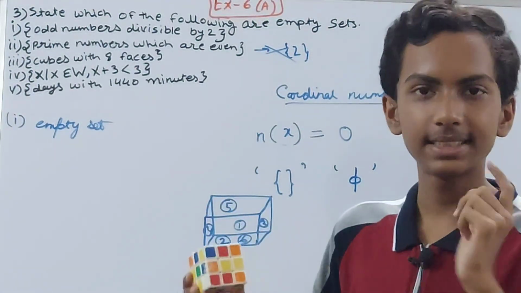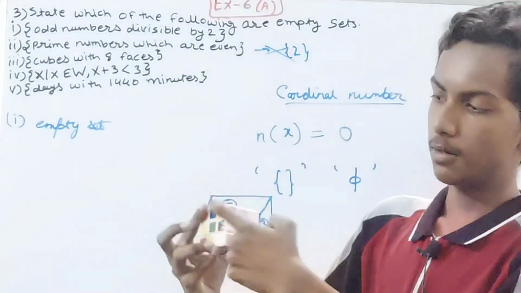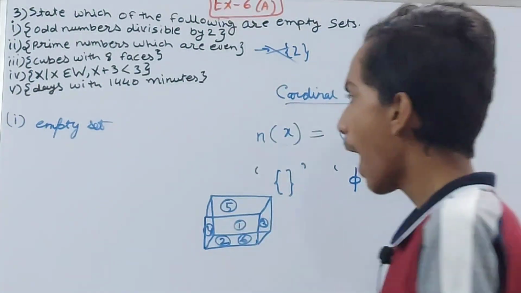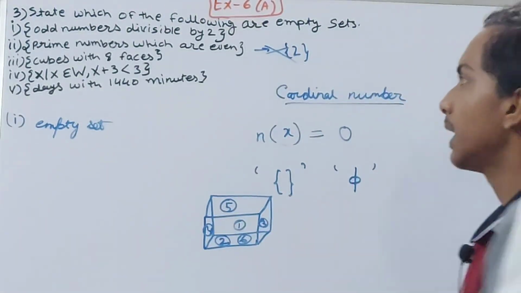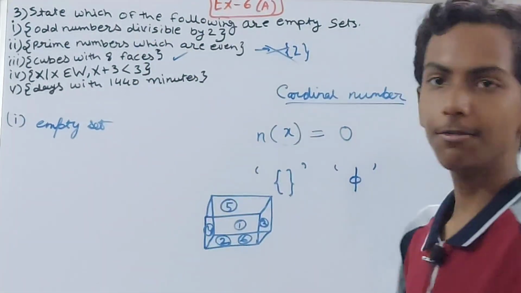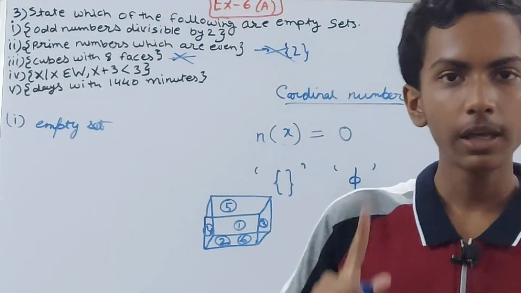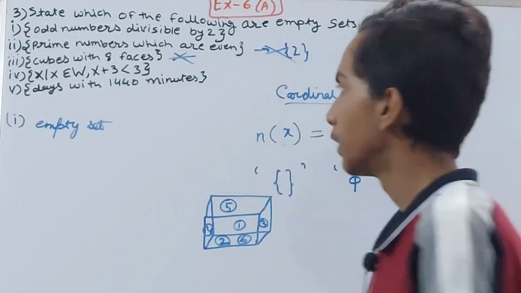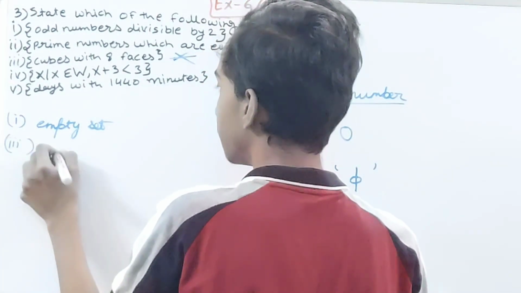Total how many faces? 6 faces. 1, 2, 3, 4, 5 and 6. So all the cubes that you see have 6 faces only. Are there any cubes that have 8 faces? No, it's not possible. Cubes will always have 6 faces. So the third set is also an empty set.